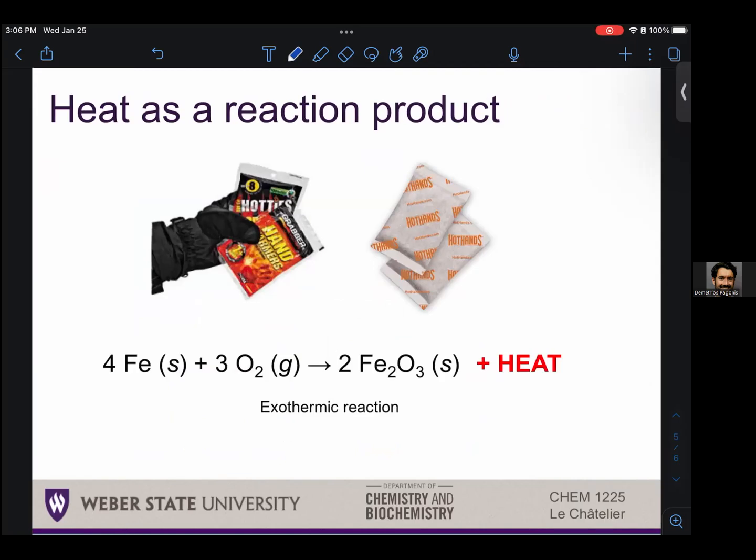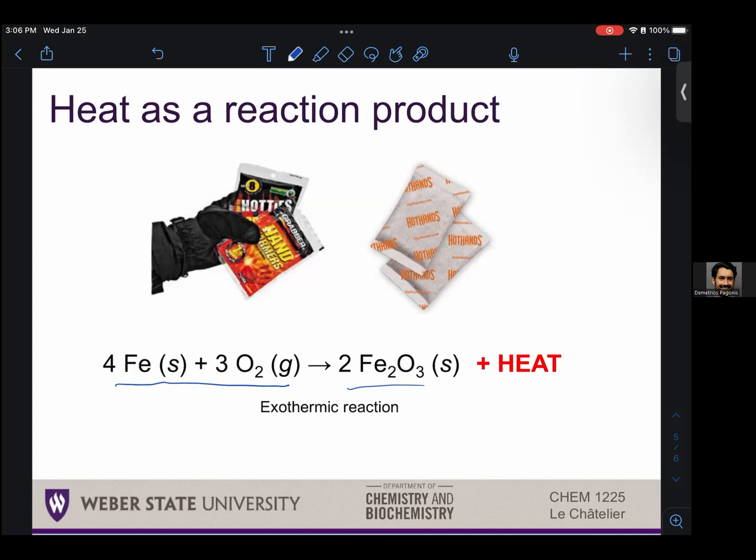The other concept we want to touch on heading into lab this week is the idea that heat itself can be the product of a chemical reaction. And one example of this is the way that you can use these hand warmer packets to just have a nice source of heat on you to help stay warm. Right? So what these packets are doing is they're taking solid iron, it reacts with oxygen in the air to make this iron oxide.